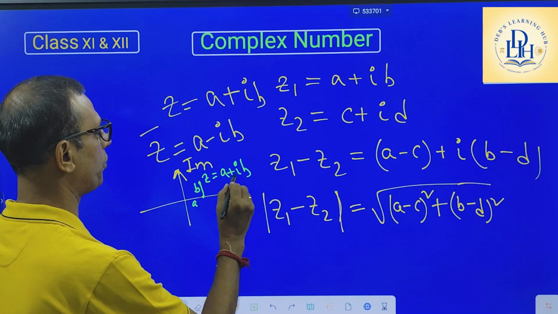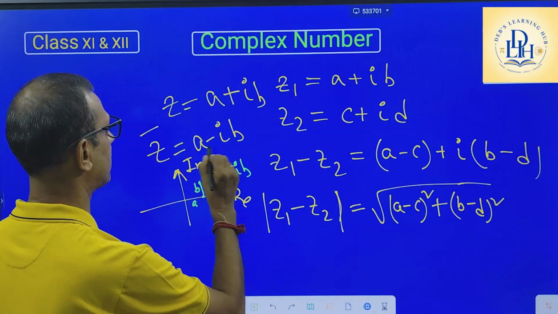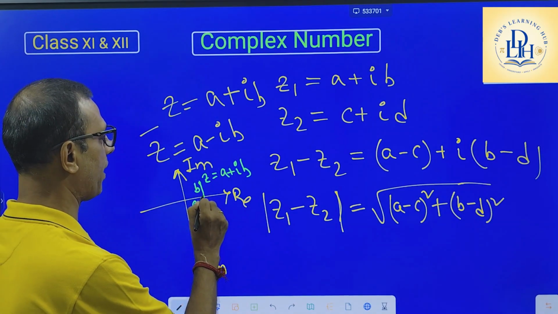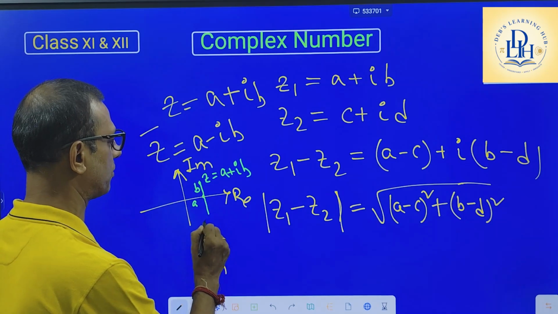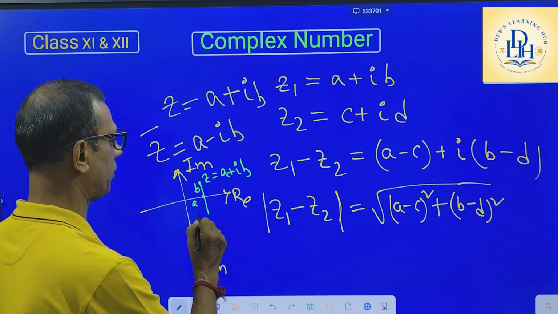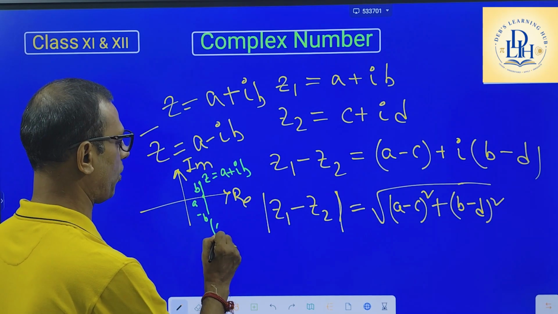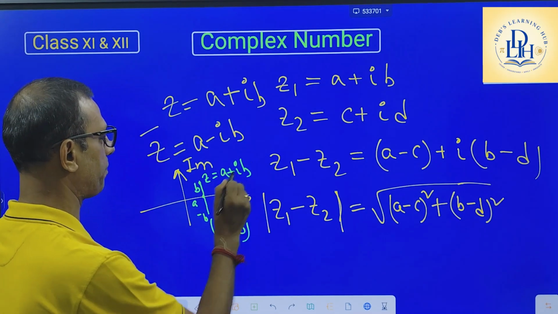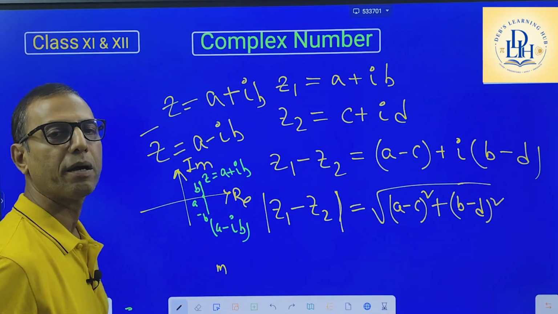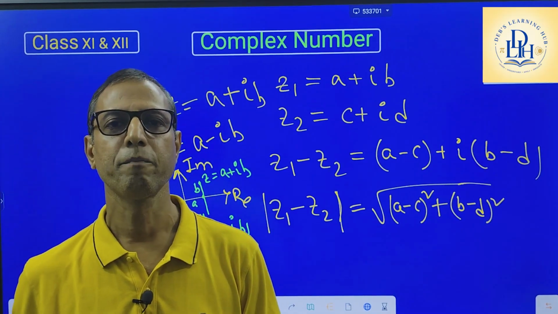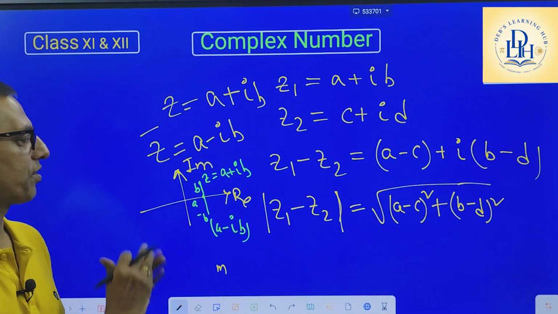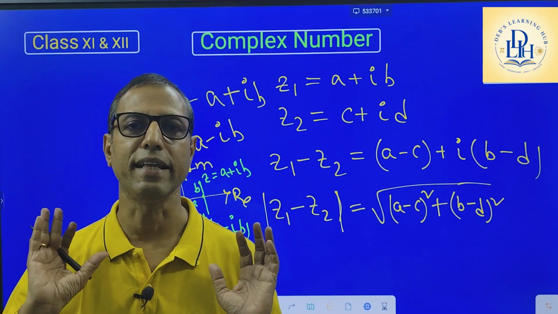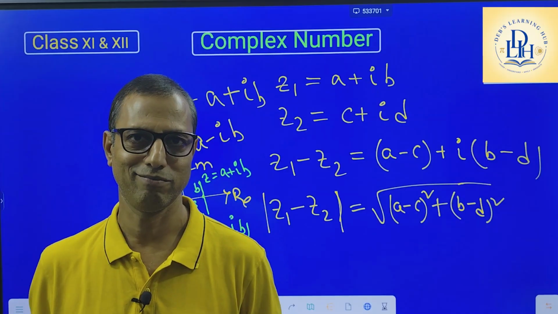And for the conjugate of z, that means a minus ib, the real part is the same, but the imaginary part will be minus b, so it is in the fourth quadrant. So this point is a minus ib and this point is a plus ib. So the conjugate number gives the mirror reflection, whereas modulus represents the distance between 2 points.